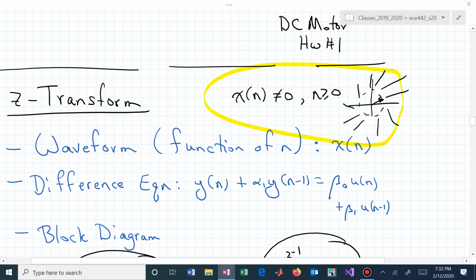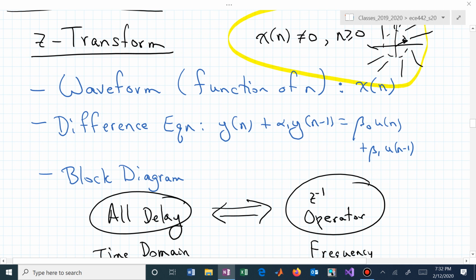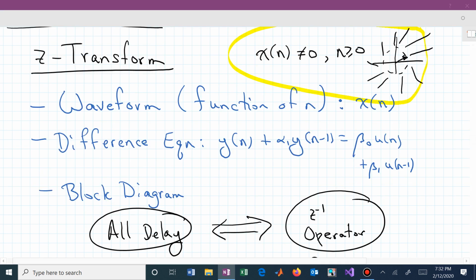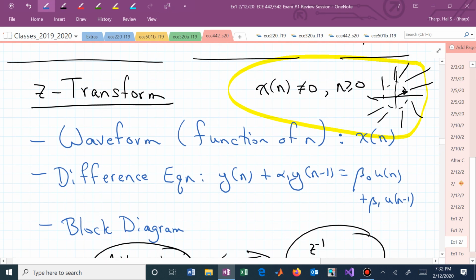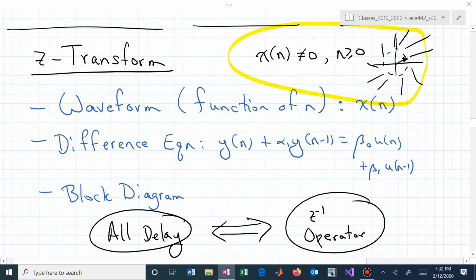Here, can you find the z-transform for a waveform? Can you do it for a difference equation? If I gave you this difference equation, can you z-transform it? And typically I would be asking you to find a transfer function, and that makes it even easier, because what does that mean?